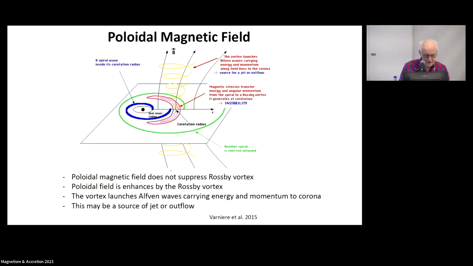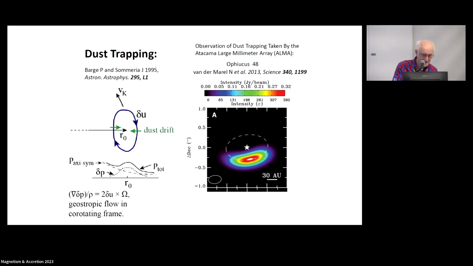And here I'm showing work by Varnier and collaborators, the effect of the poloidal magnetic field. And one of the important aspects, it turns out, is that these anticyclonic vortices are very effective in trapping dust.